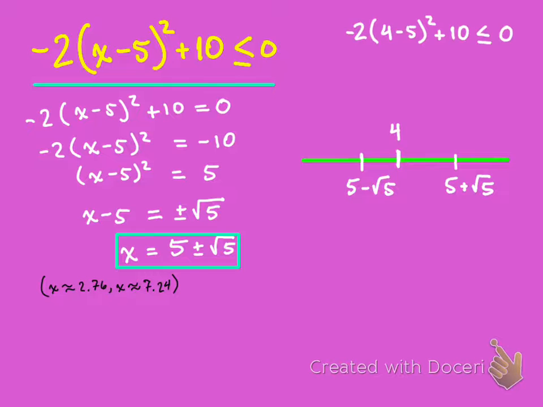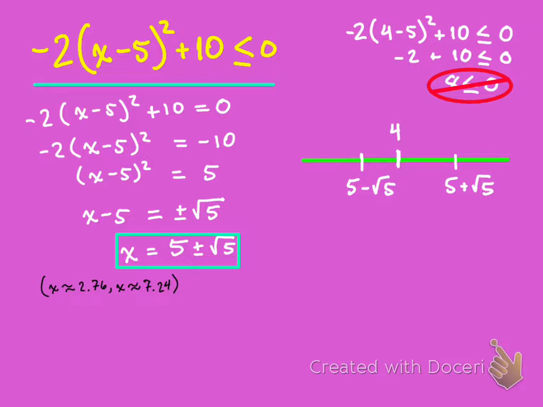So I'll take 4 and put that in for x in the original inequality. All right, so now we're testing the number 4 to see if it gives us a true statement. And 4 works out pretty nicely there. We get 8 is less than or equal to 0. Well, nope, that's not true.